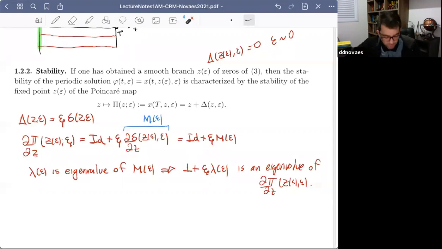We can perform this decomposition. This is the property for the eigenvalues of the Poincare map.